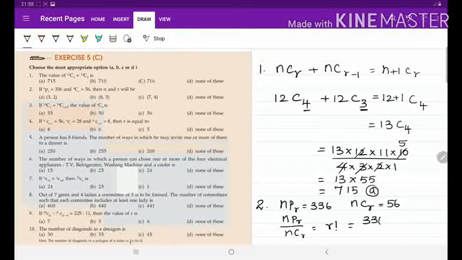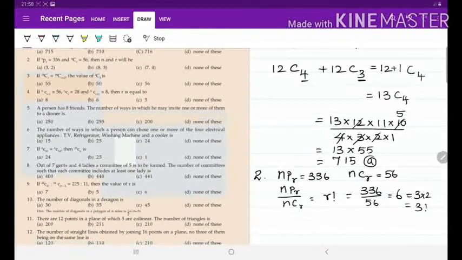So from which we get 336 divided by 56 is equal to 6, which can be written as 3 into 2. So it's 3 factorial, which implies r is equal to 3.